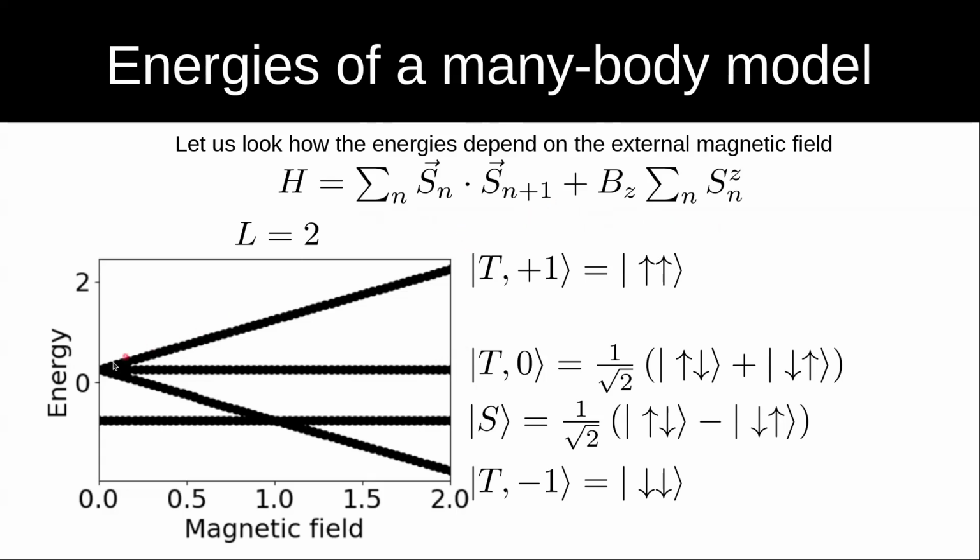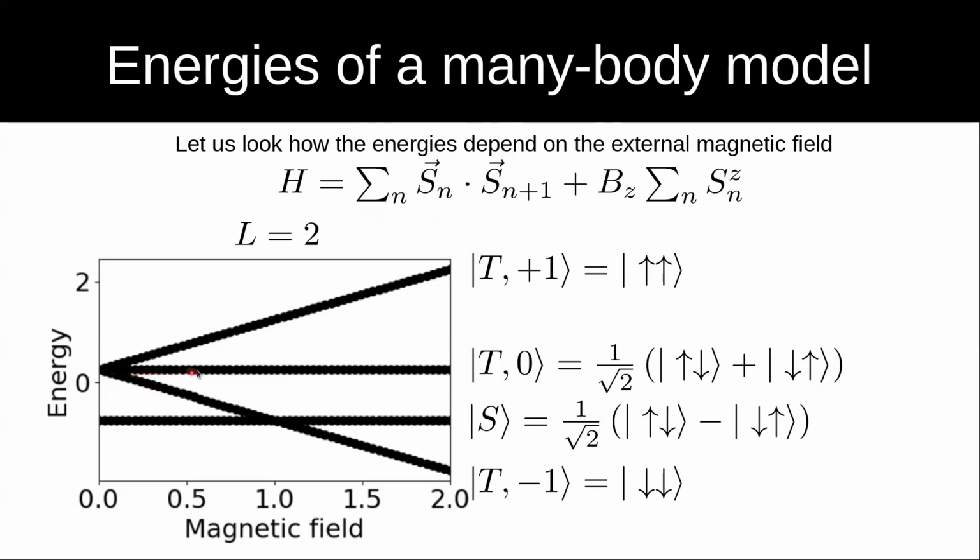So at magnetic field equal to 0, what you see is that there's the ground state over here, and there's the set of 3 excited states over there. This is what we called before the singlet state. This is what we called before the triplet state. As you increase the magnetic field, you see that the triplet state now branches out. So the 3 states get a different energy, and the reason is that they have a different value of the total spin in the z direction.